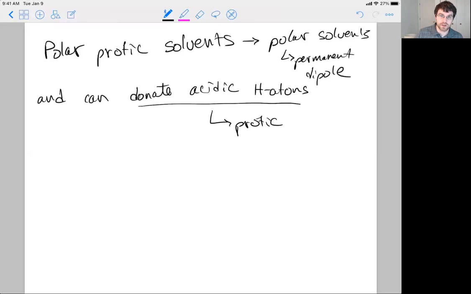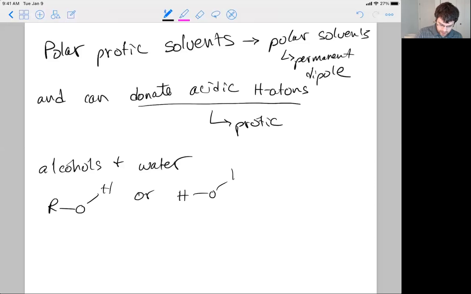So the examples here that we want to keep in mind are alcohols and water. There are many others, but alcohols and water are the big ones. So you have ROH or HOH. You have dipoles with delta pluses and delta minuses that allow us to interact productively with, so this does half the battle that the previous solvents did, the polar aprotic solvents did.